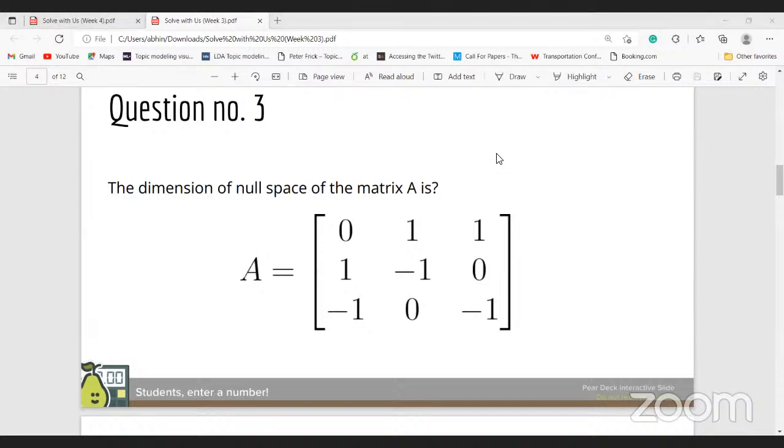I already have an answer in chat. Shaktivel has written 1. Anyone who has got an answer other than 1 or having a problem in solving this question? 2. Okay, Pooja, how did you get 2? Can you unmute?